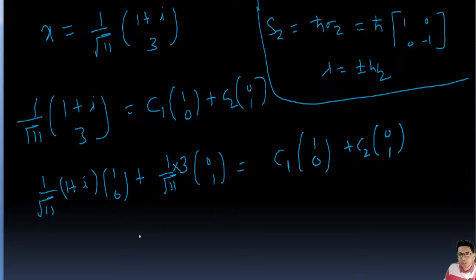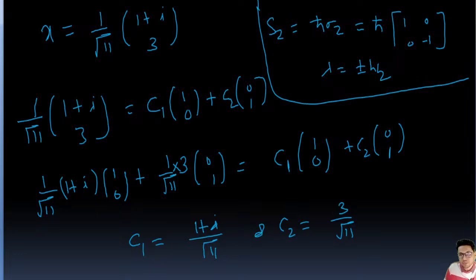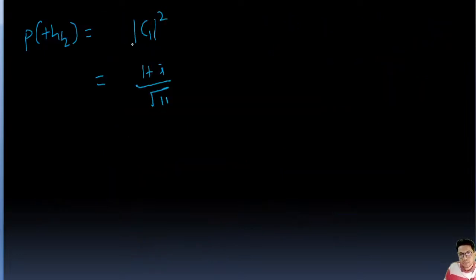So now we can compare. By comparing, C1 is going to be equal to (1 plus iota) upon root 11, and C2 is going to be 3 by root 11. So now we know the probability of getting plus h cut by 2 is C1 mod square, so this is going to be (1 plus iota) upon root 11 mod square, and this is going to be 2 upon 11.